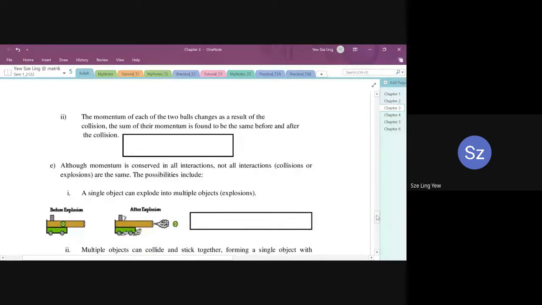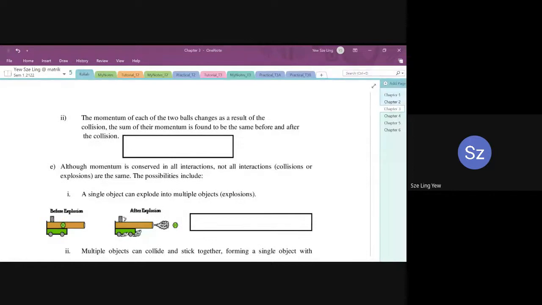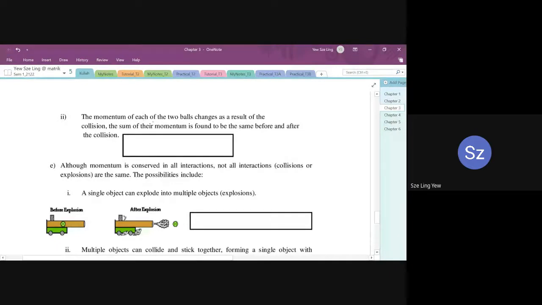So the momentum of each of the two balls changes as a result of the collision, right? And therefore, the sum of their momentum is found to be the same before and after collision.